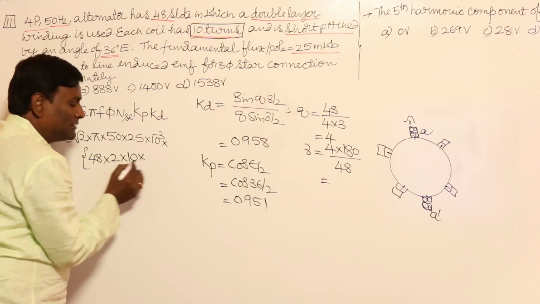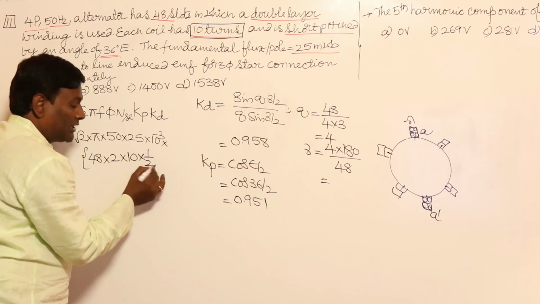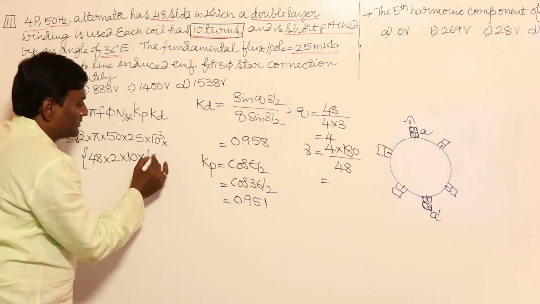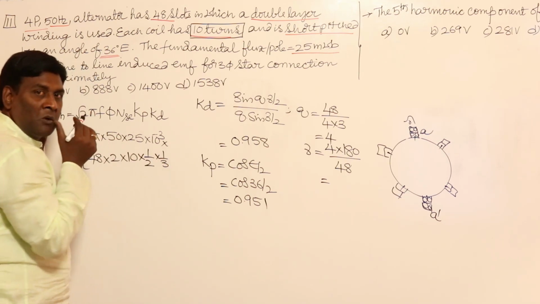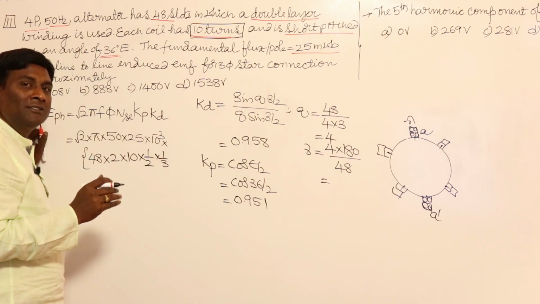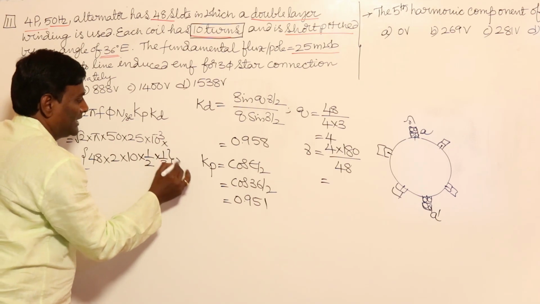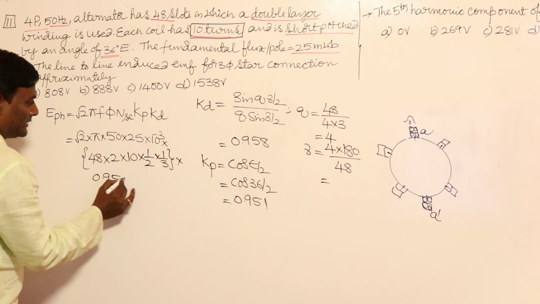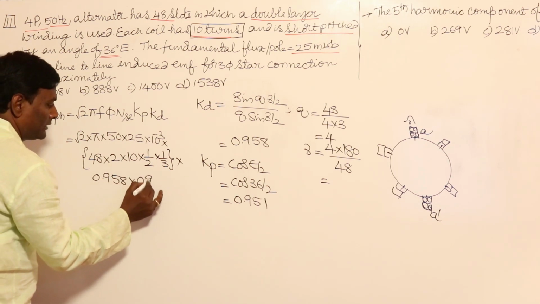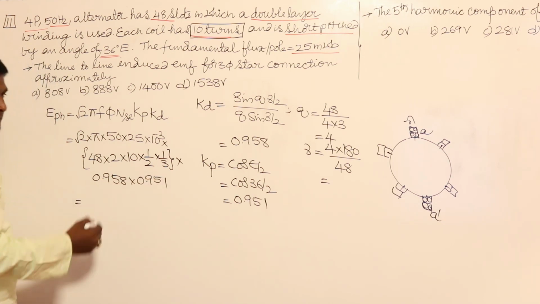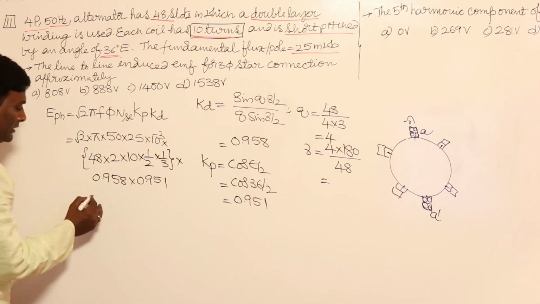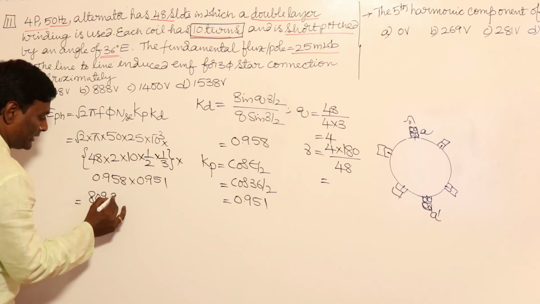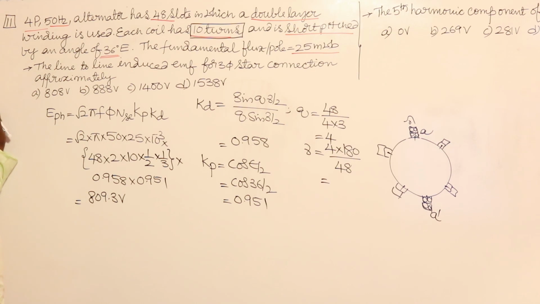Multiply, these are going to be total conductors, divided by 2 will give you number of turns, divided by 3 will give you number of turns per phase, multiplied by Kp Kd, 0.958 multiplied by 0.951. So the answer is going to be 809.3 volts. This is going to be the phase voltage.